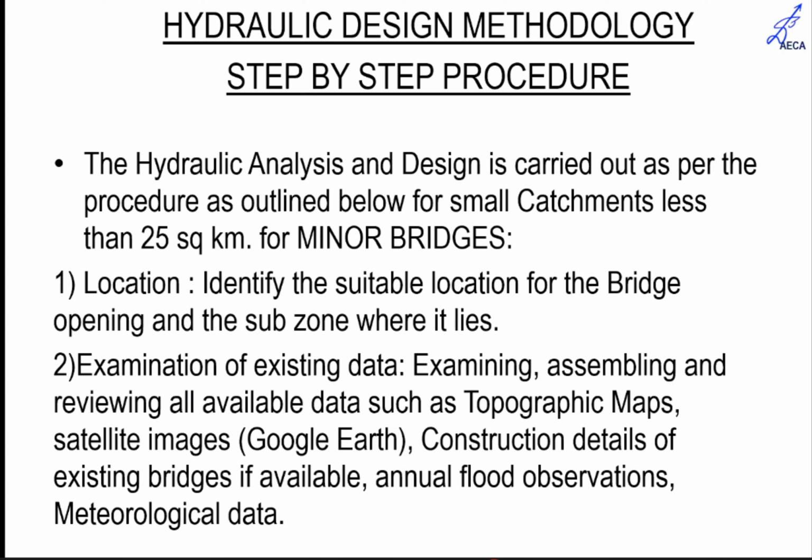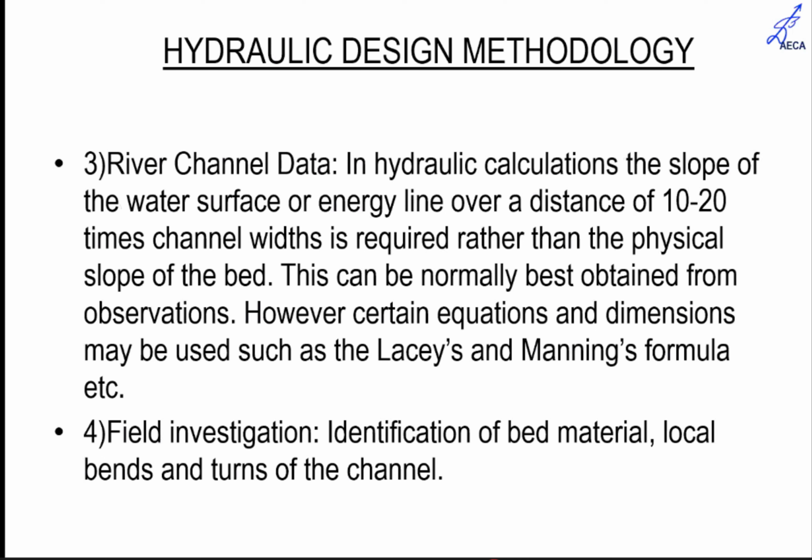We have to examine all the field data, like assembling all the data from the topographic maps, the satellite images and Google Earth contributions, whatever we can get, the type of soil and the annual flood observations, and the meteorological data available for the particular site.